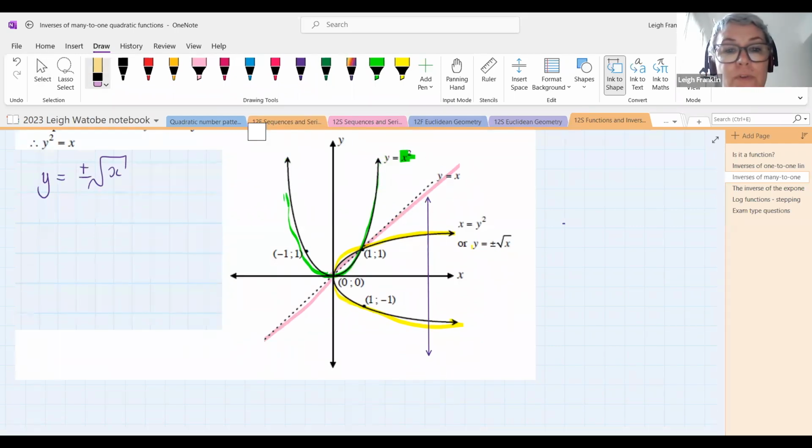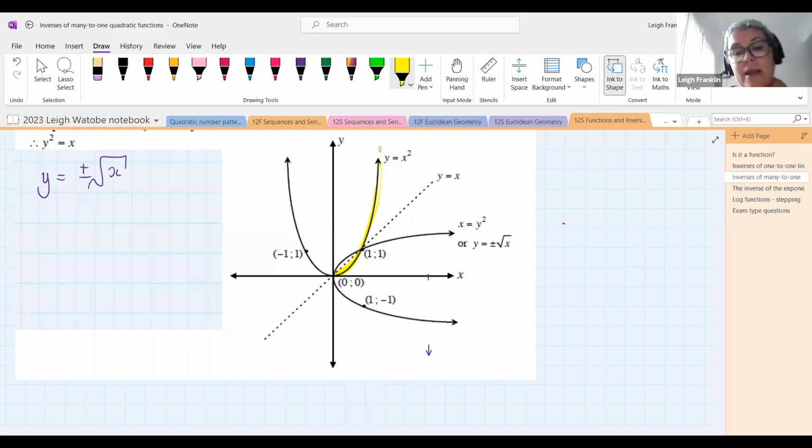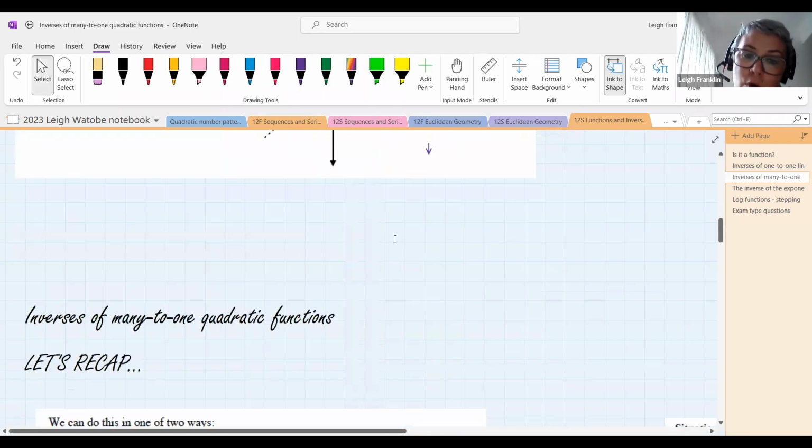So I'm going to get rid of all of that, and I'm just going to show you again. All right, so now this is what we're looking at over here. Only looking at this arm in the first quadrant. We've restricted the domain to where x is positive, and when we reflect that over the line y equals x, we end up seeing that. That's what we're looking at in this diagram below.